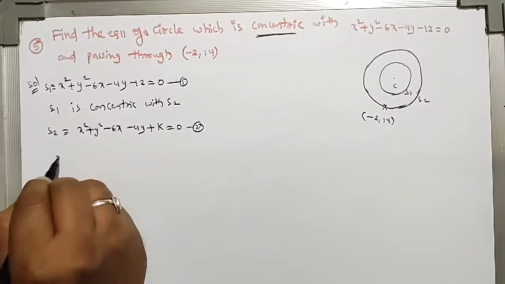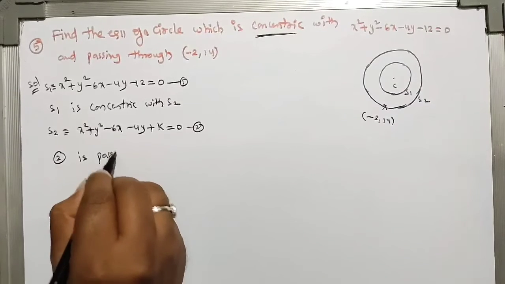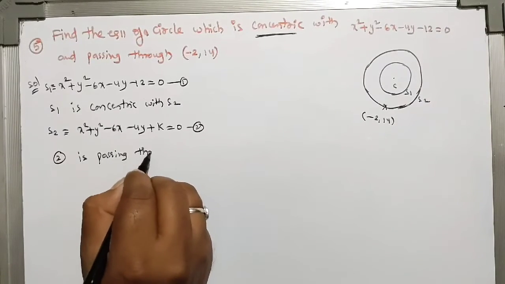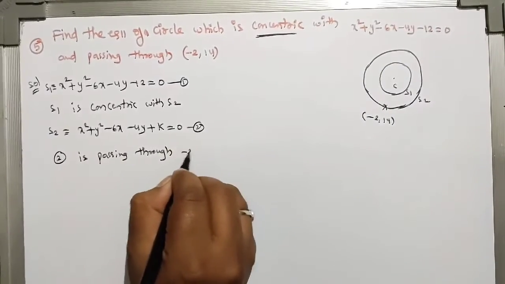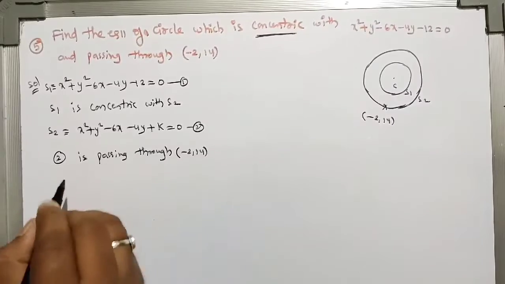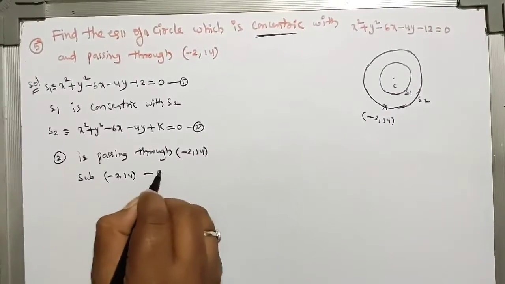Therefore S2 is passing through the point minus 2 comma 14. So substitute minus 2 comma 14 in equation 2.